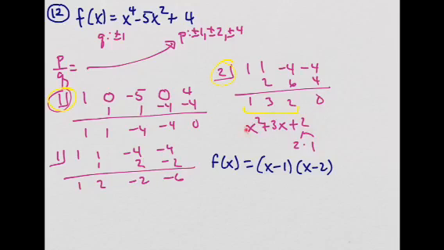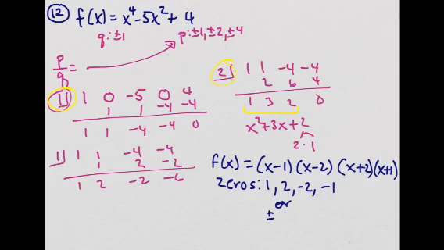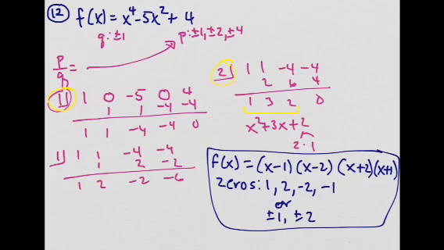From this quadratic right here, I'm going to get x plus 2 times x plus 1. And so this is the factored form of f of x. So the zeros are 1, 2, negative 2, negative 1. Or you can just write them, since they're opposite numbers, plus or minus 1, plus or minus 2. Same thing. And that's the zeros for that one.